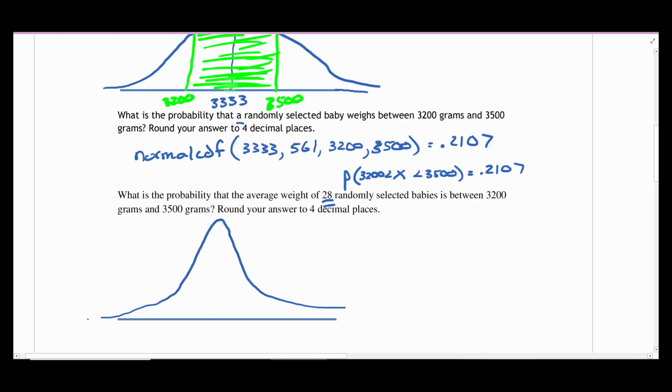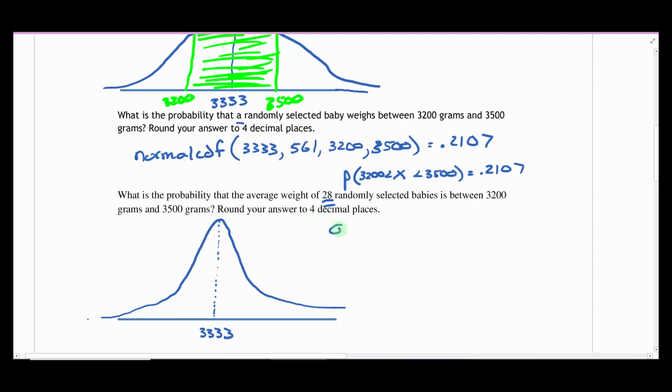Now, going from the population to the sampling distribution, the center stays the same. So the center is still going to be 3,333. The shape changed a little bit because it became more of a skinny normal curve, which means the standard deviation also has to change, okay?